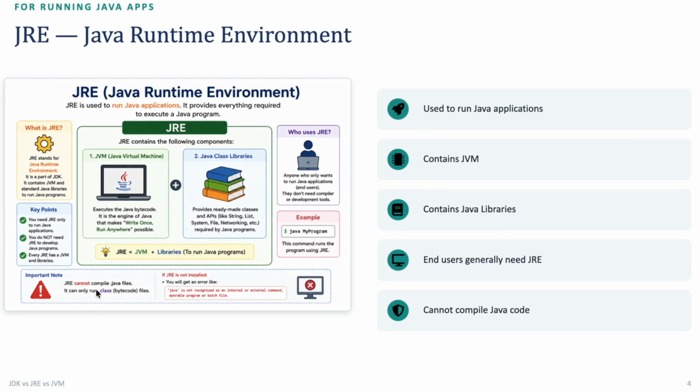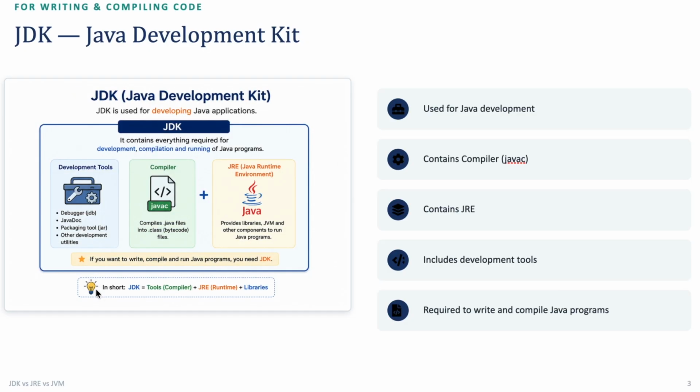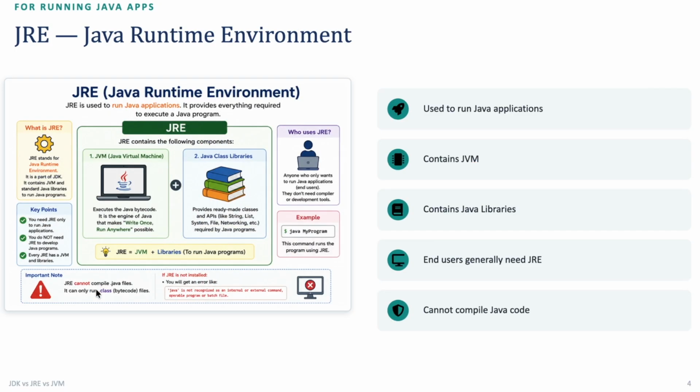The important thing is that JRE cannot compile Java files. JRE is only for running your compiled code. So what is JDK? JDK will compile it and run it. In JDK, JRE is present, and JRE is used to run the Java application. Now JRE contains the Java Virtual Machine and the Java class libraries.